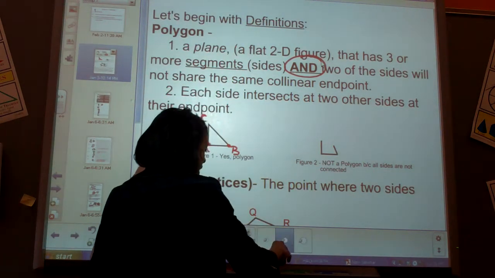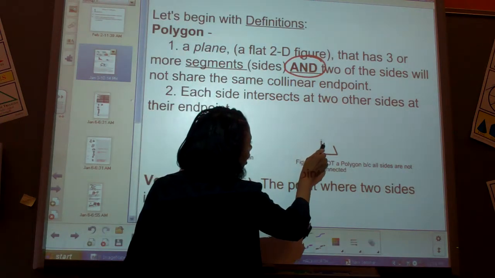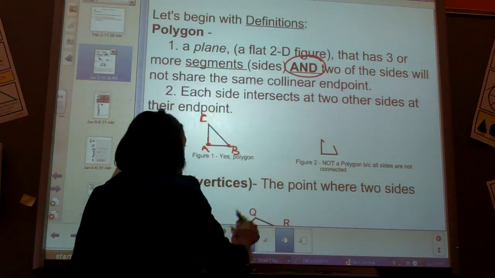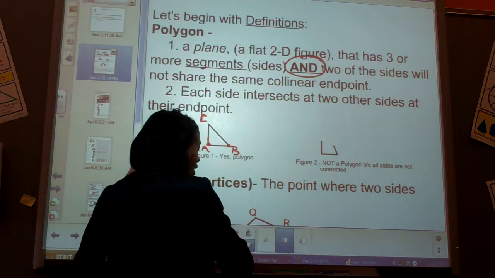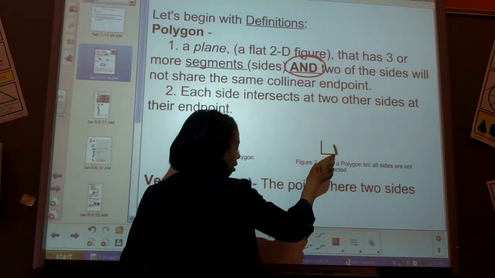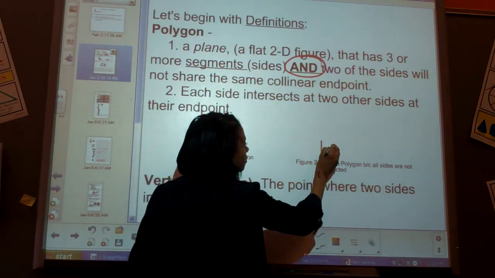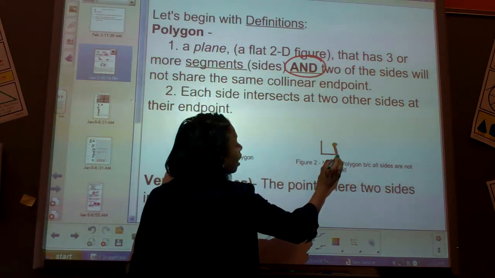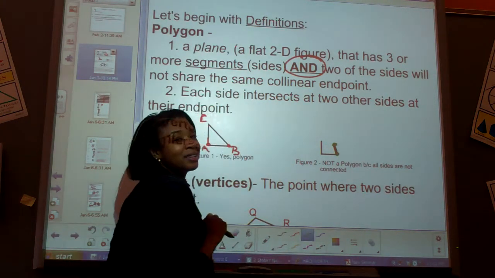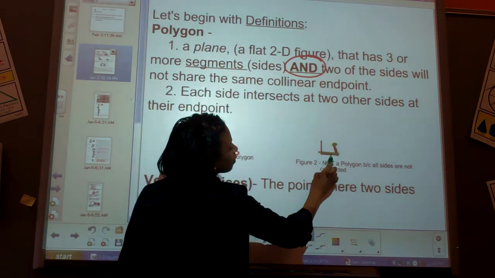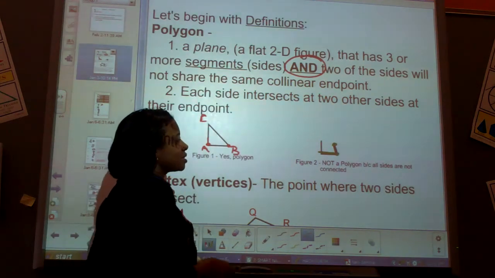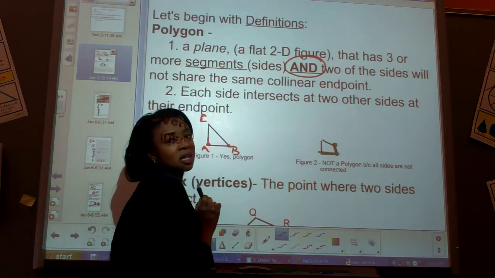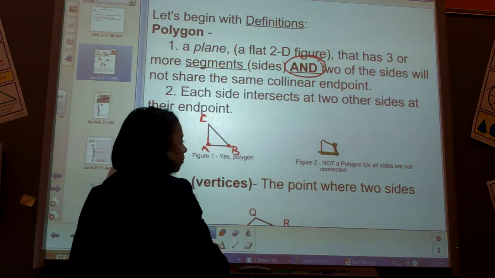Now, if I had another segment drawn like this, then it would be a polygon. But this endpoint does not touch or connect with another line segment. If we look at this other endpoint, it does connect to this segment here. But remember, both endpoints need to connect to another segment, and this endpoint does not. Therefore, this is not a polygon.